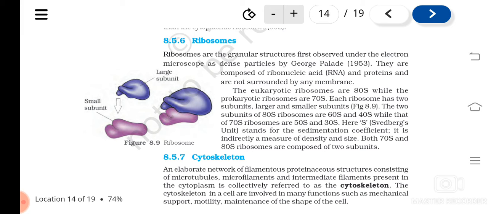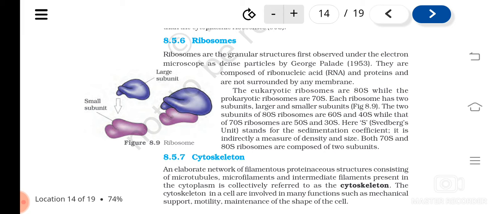It measures the density and the size. So Svedberg is the unit standing for the sedimentation coefficient, and indirectly it gives the idea of how much density and how much size is there. So both 70S and 80S are composed of two subunits.